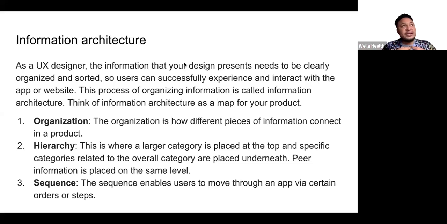So information architecture, because essentially what a website or an app is, is a collection of information. The Uber app, for instance, is a collection of information of the cars that are around you, the prices of the rides, the map, even locations in Lagos or wherever.